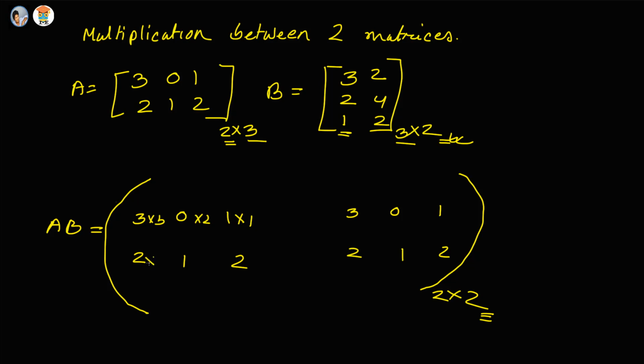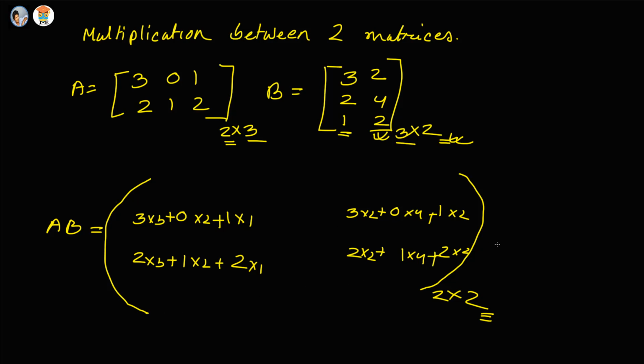Again, repeat it into 3, into 2, into 1, and put pluses here. Now take the second column, into 2, into 4, into 2, and again, with pluses.